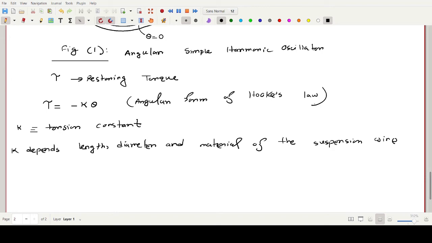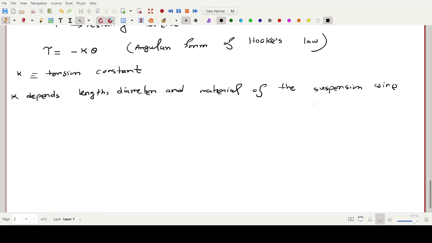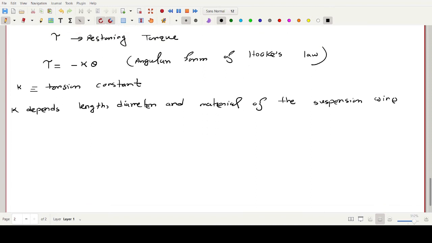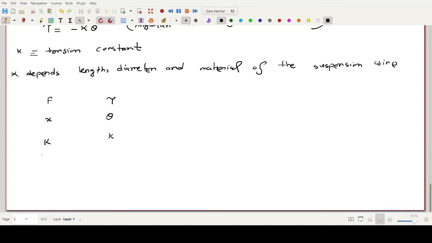In the case of the spring mass system, we had F, x and spring constant K. Here we have tau, theta and torsion constant kappa. For the spring mass system, T equals twice pi root over m by K. Here the time period should be twice pi what?